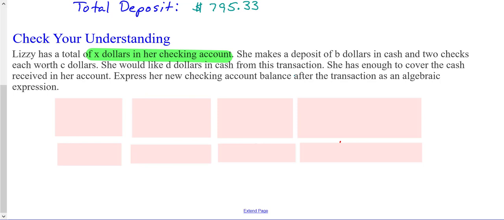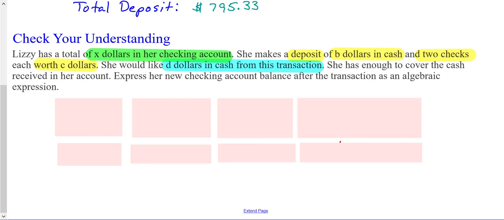She makes a deposit of B dollars in cash and 2 checks worth C dollars. She would like D dollars in cash from this transaction. Now we know she has enough to cover the cash received in her account. We want to express her checking account balance after the transaction as an algebraic expression.